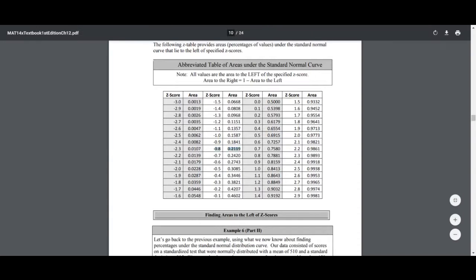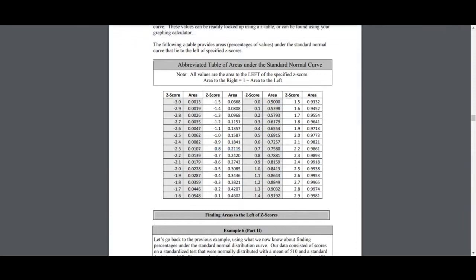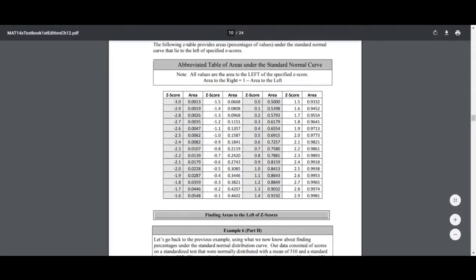Again, we rounded because the z-score negative 0.754 is not in the table. However, we can round to negative 0.8 and we get this. So the percentage of data values to the left of that z-score is about 21.19%.